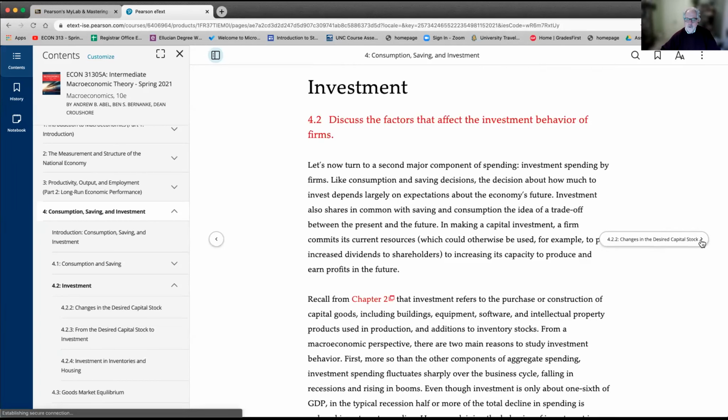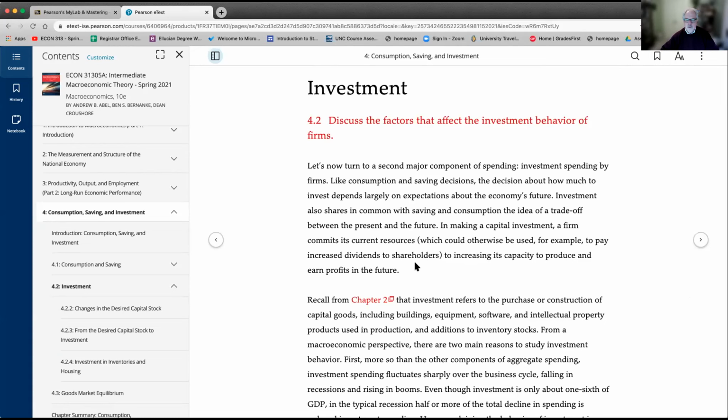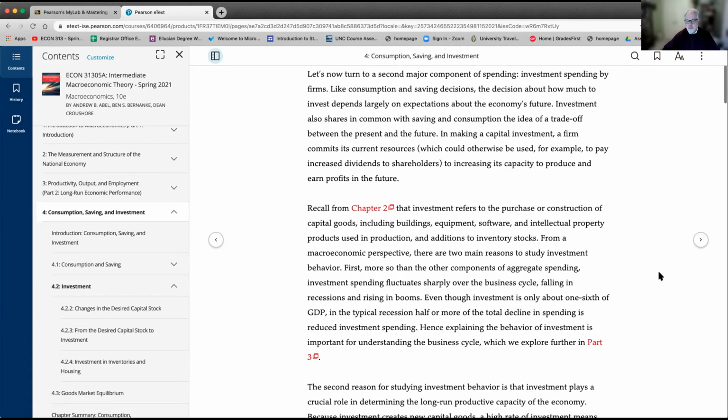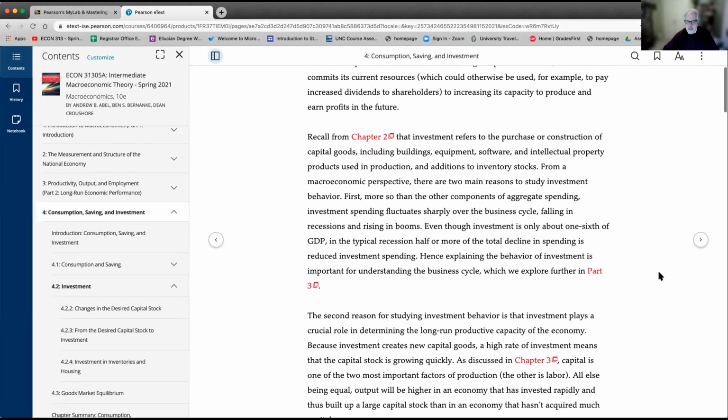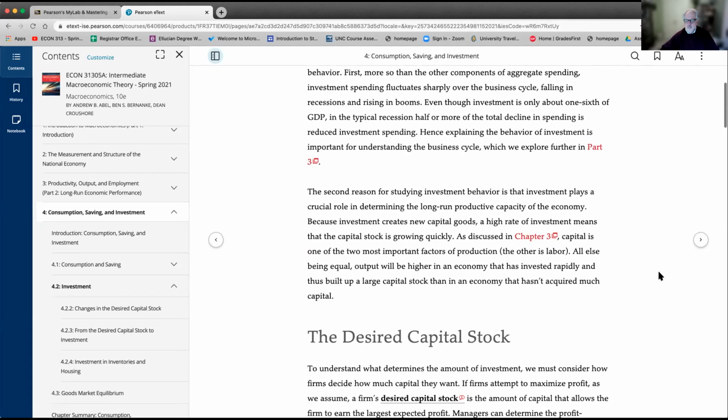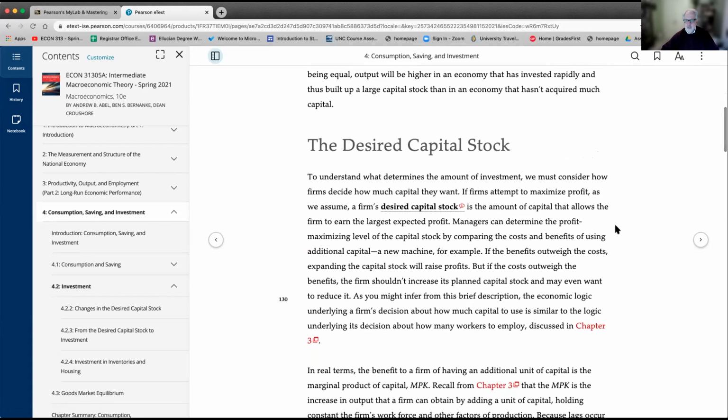Right. So the next section has to do with investment. This is again decisions by firms on how much capital they want to put in place, and there's a simple example in this section to make that clear. It's important to understand that investment has to do with how much desired capital stock firms want to have, and what are the things that affect that decision. The higher the desired capital stock, the more investment there needs to be in new capital, right?